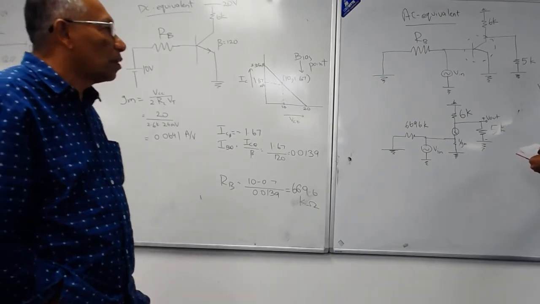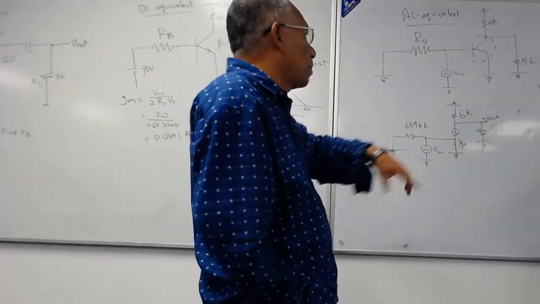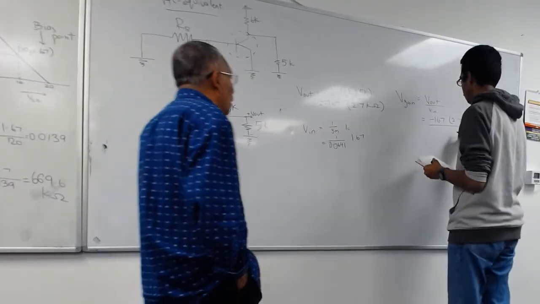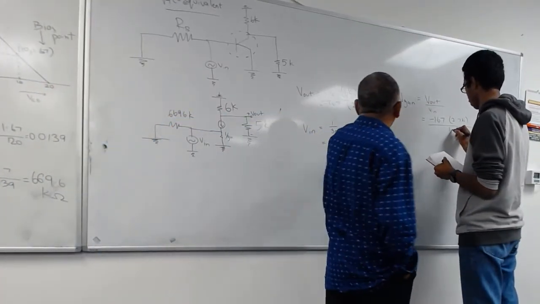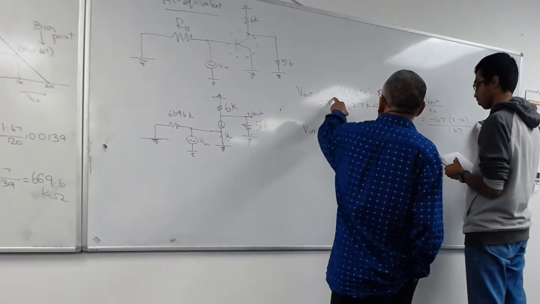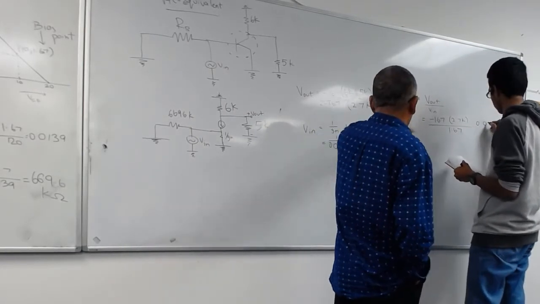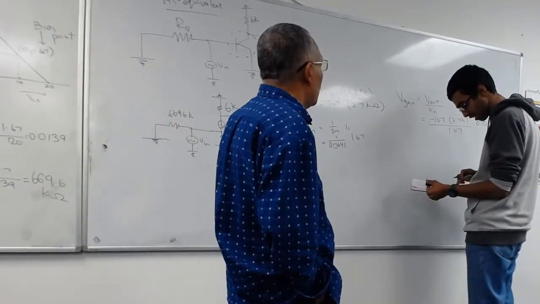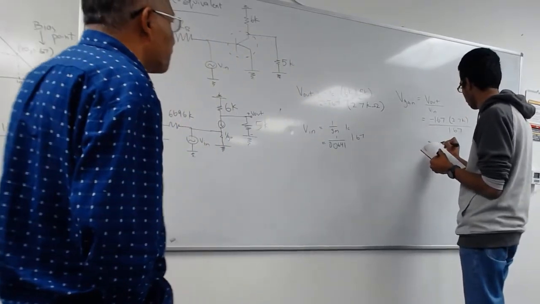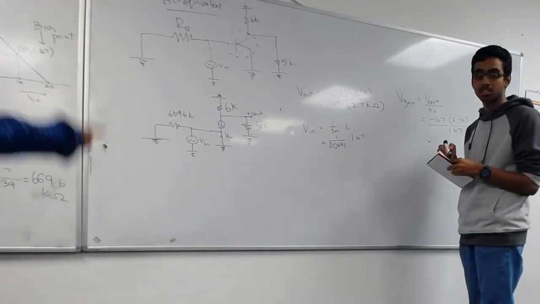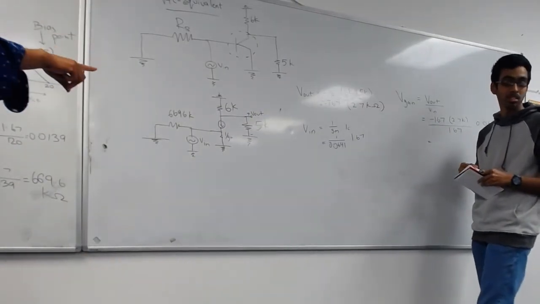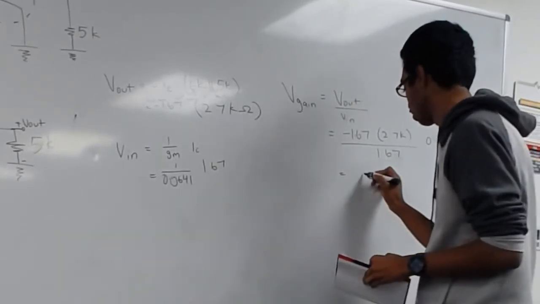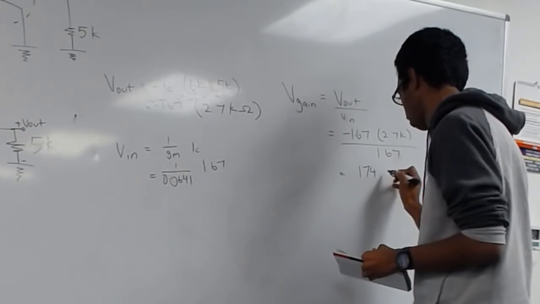So this will go up, and IC will cancel out, so you don't need it. Okay, so now how much is the gain? 174.83. Yeah. Minus sign?